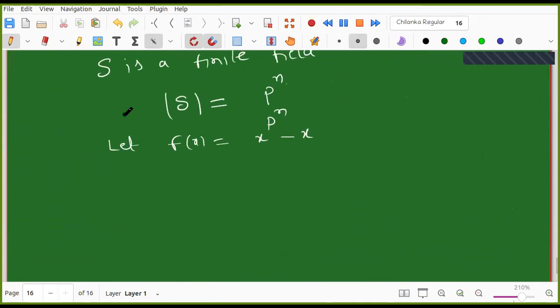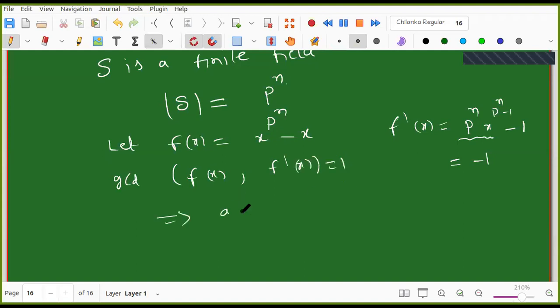Take the derivative. If f of x is this, then f dash of x equals p power n into x power p power n minus 1 minus 1. But the first term is 0 because of the characteristic. So it is equal to minus 1. So gcd of f of x, f dash of x is equal to 1.